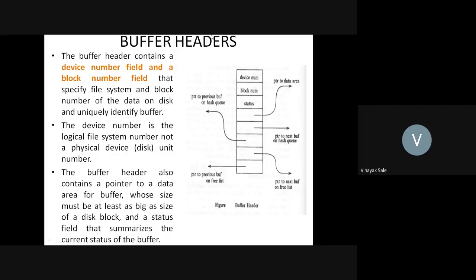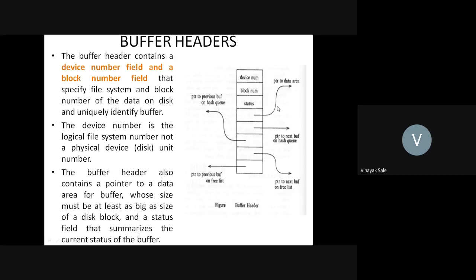So this is the structure of the buffer header. See this figure carefully. The buffer header has different parts: the topmost part is the device number, then a block number, then the status of that buffer, then there are five different pointers.